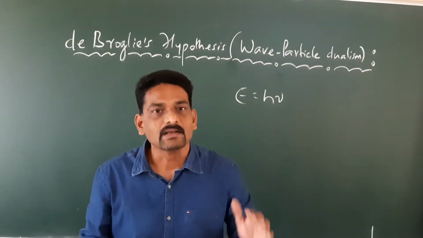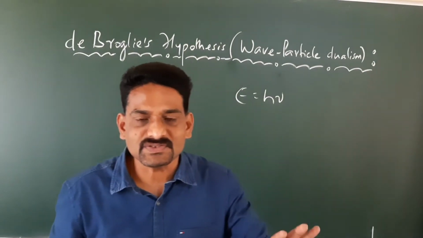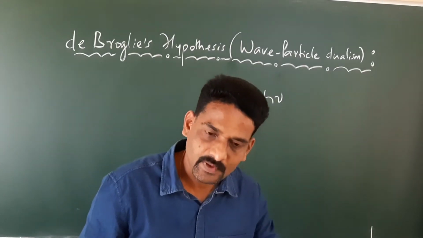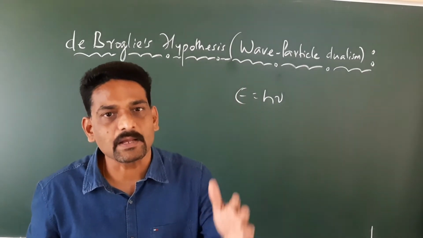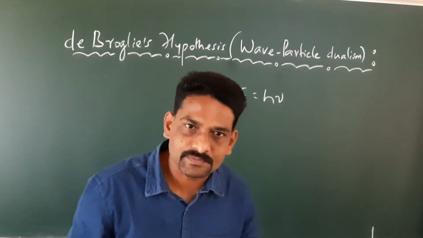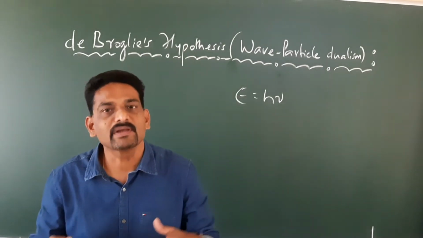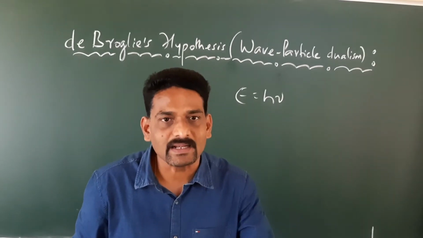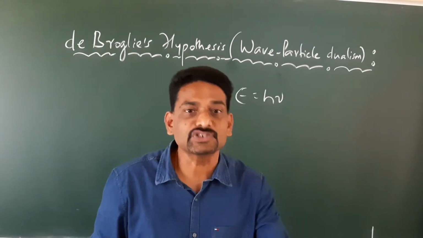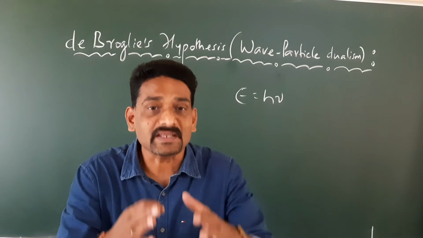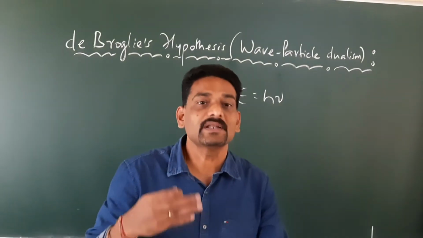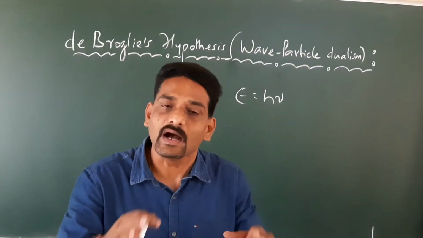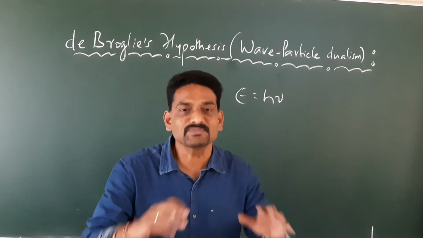What is that? De Broglie says that since nature loves symmetry, if light behaves like a particle in some circumstances and like a wave in other circumstances, then it is possible that the entities which normally behave like particles will also exhibit the properties of waves under some other circumstances.